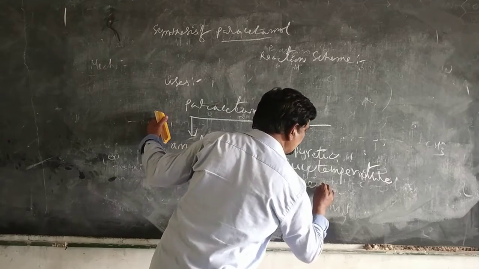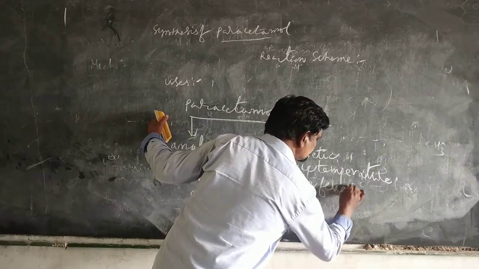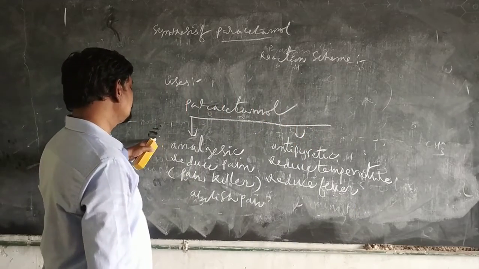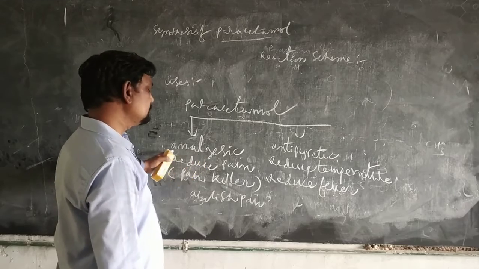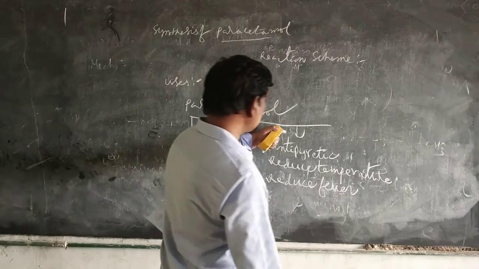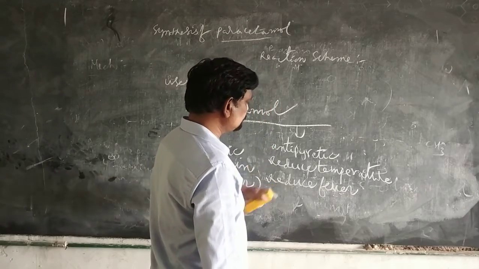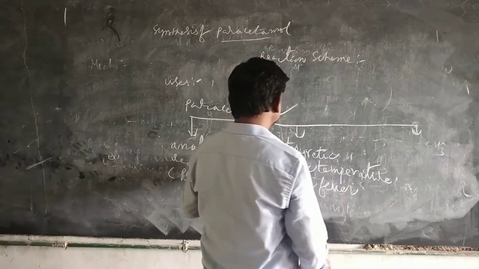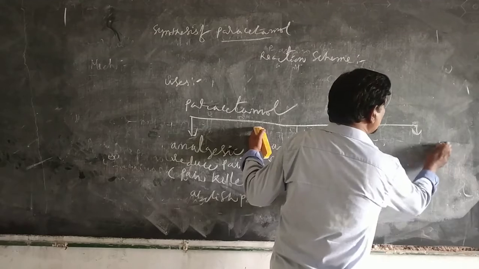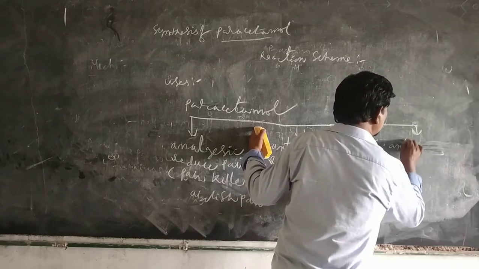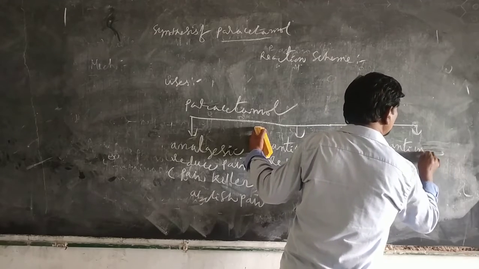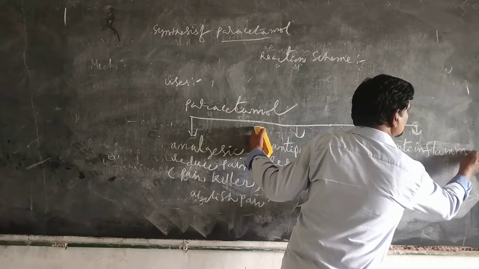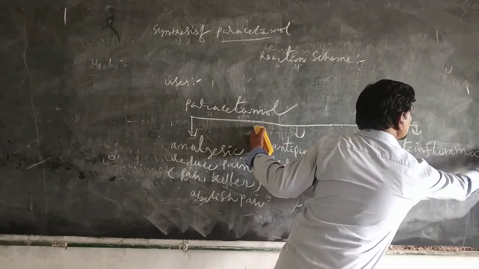So the first use is as an analgesic, reducing pain, and as an antipyretic, reducing the fever. Another clinical use is as an anti-inflammatory. What is inflammatory?